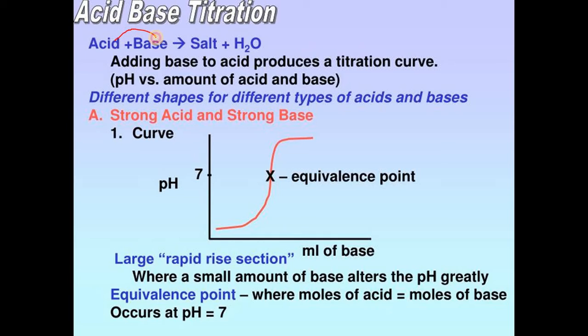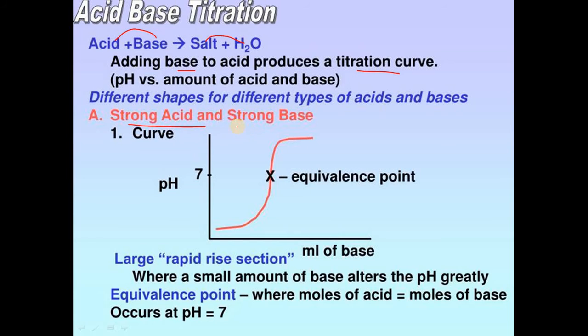When acid reacts with base, a neutralization reaction takes place and we get salt and water. Adding base to acid produces a titration curve, pH versus amount of acid and base, with different shapes for different types of acids and bases.